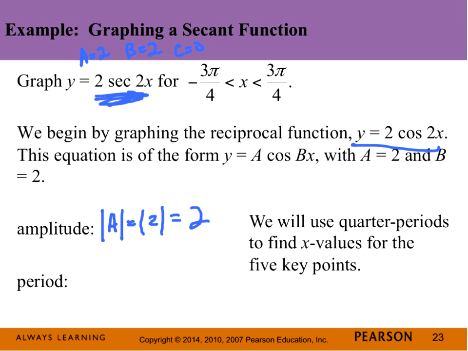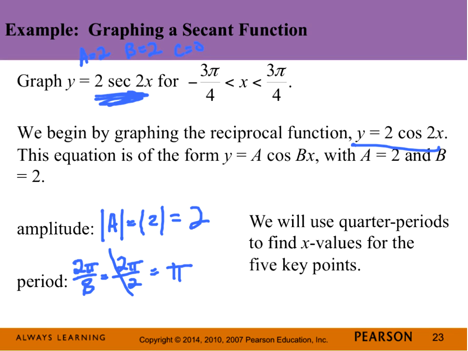So I have the absolute value of 2, which is 2. And I also am given back in 2.5 that the period of the cosine function is given by 2 pi over B. So that's 2 pi over 2 in this case, which is just pi. So I have a period of pi happening here.